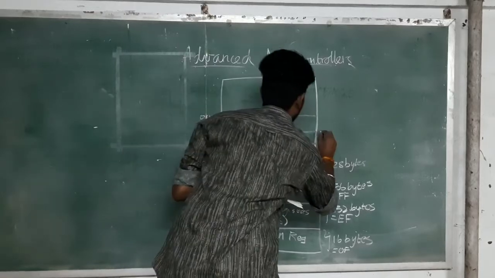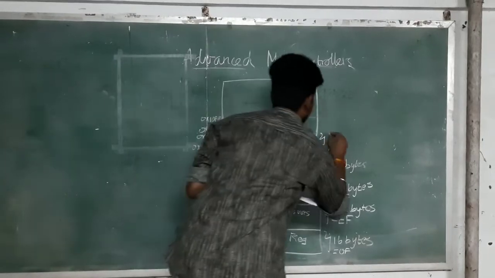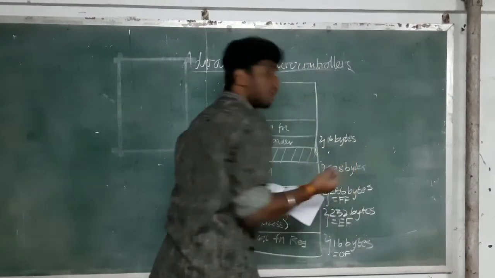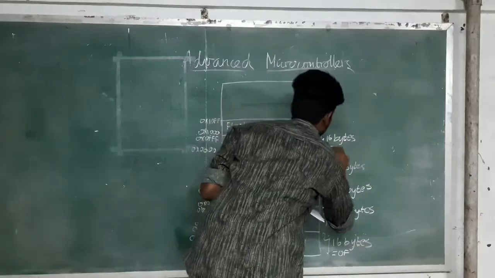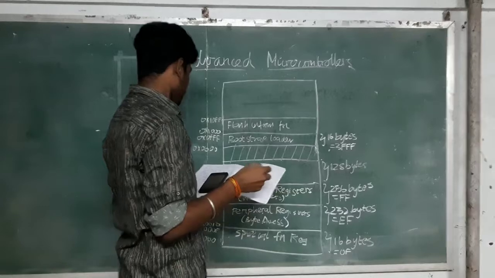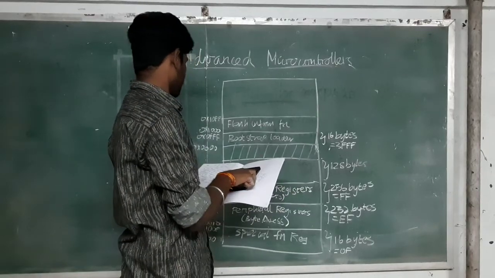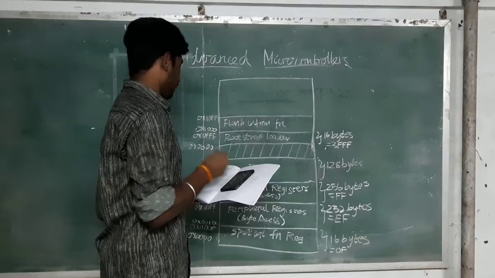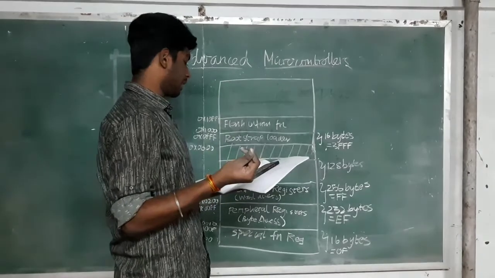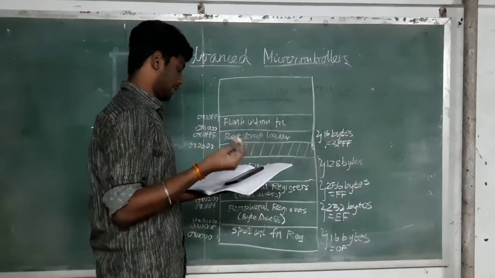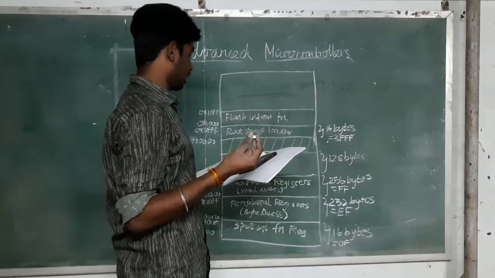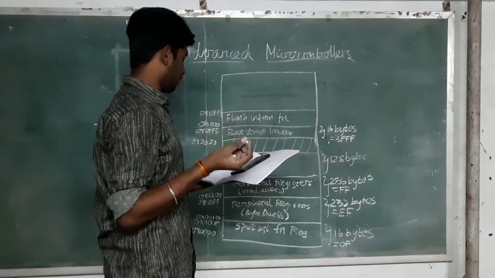So here the total number of bytes occupied is 1 kilobyte, or in terms of hexadecimal we can say it is 3FF. The Bootstrap Loader is utilized to load the OS into memory, and it also does POST. POST means power on self-test, which the software tool can perform upon itself.